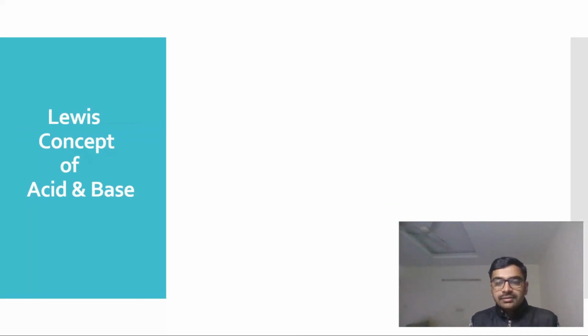Clear? Now the third concept of acid and base is the Lewis concept. According to this concept, acids are electron pair acceptors, that means lone pair acceptors, and bases are lone pair donors.